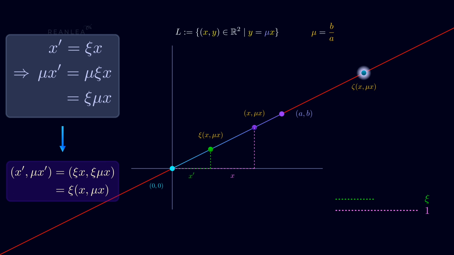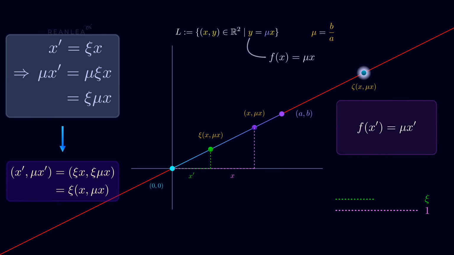So basically, the straight line L is a graph of the function f mapping R to R by f of x is mu x. And correspondingly here, f of x dash is mu x dash, which further implies f of xi x is xi times f of x, which leads us to the definition of a function to be linear.